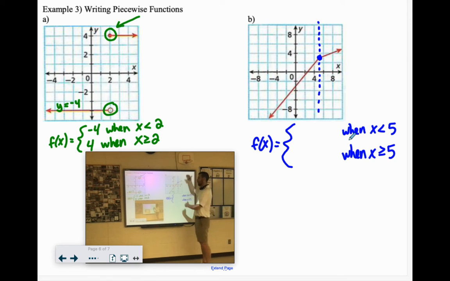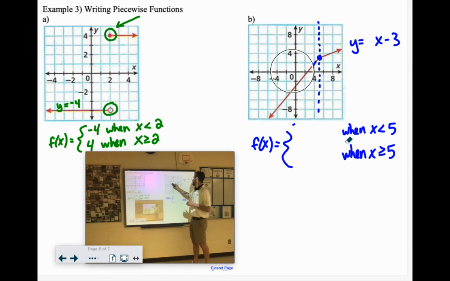If they were in two different chunks, then you would see the dots, but they play off of each other here. So we need to figure out the equation for this left line. I see that it intersects at -3, so y equals something x minus 3. We need the slope, so we can count off the slope.